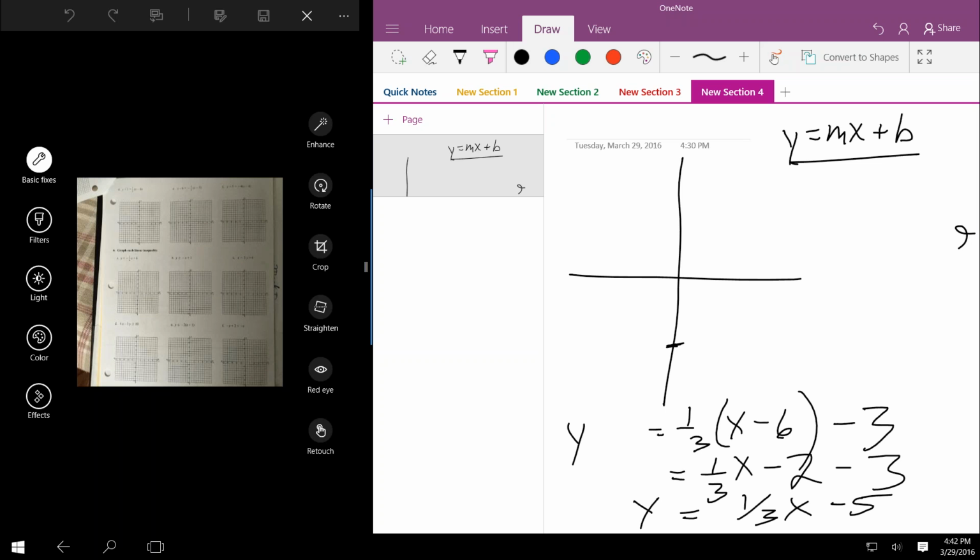But you could also go up on your first move and go right on your next move. So is it up 1 and right 3, or is it up 3 and right 1? Up 1 and right 3. Correct. So there's the slope. Now I just connect those, and that's my line.